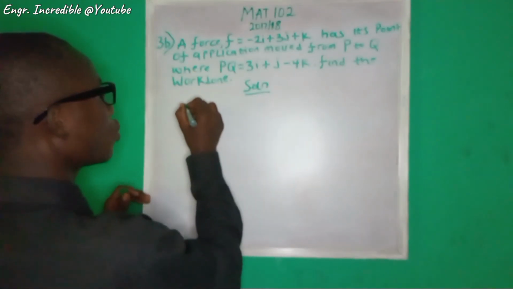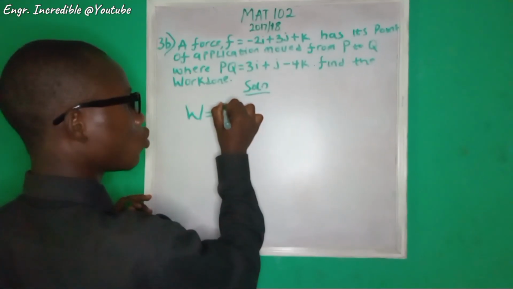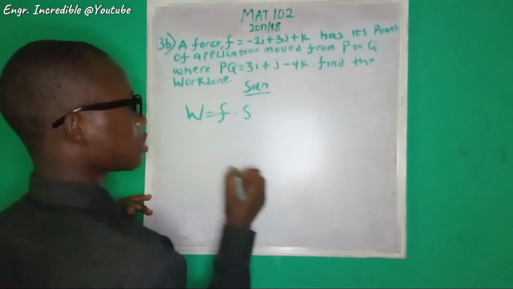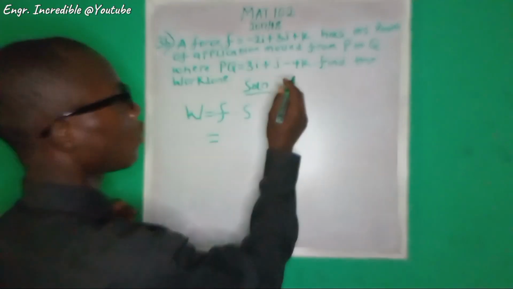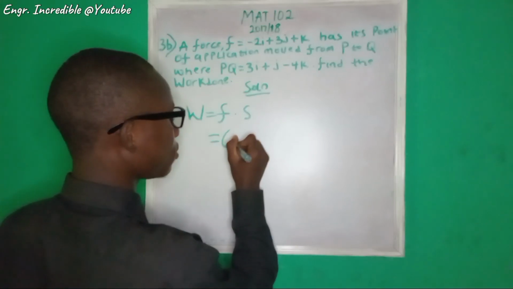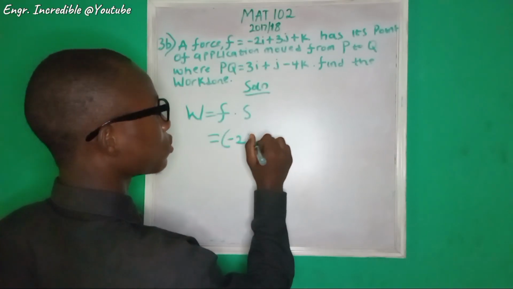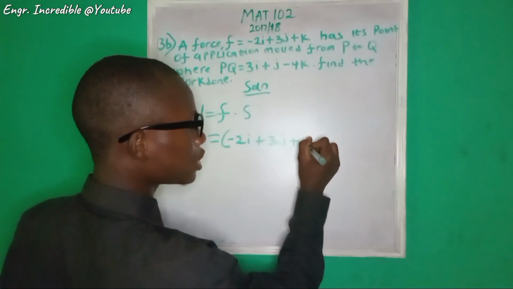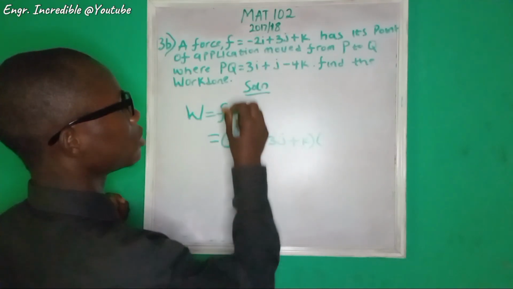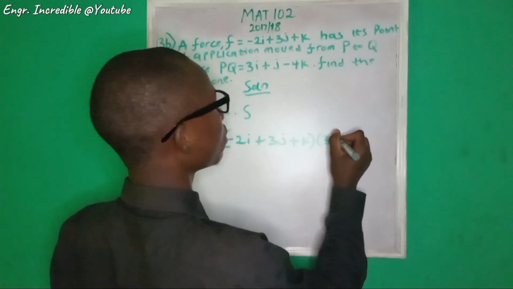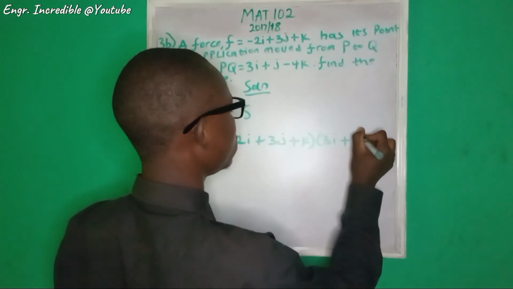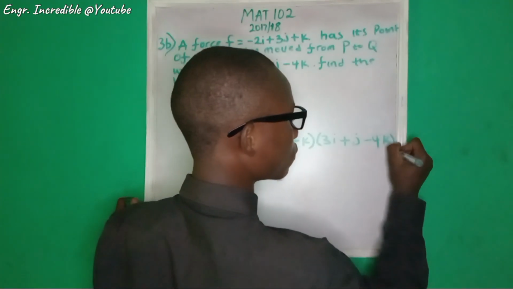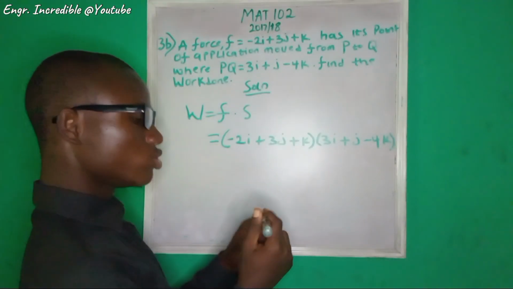So therefore our solution here is work done is equal to force times distance, that is distance S. So that is equal to force, in brackets minus 2i plus 3j plus k, then open bracket here we have 3i plus j minus 4k. So here we are going to be doing scalar product.